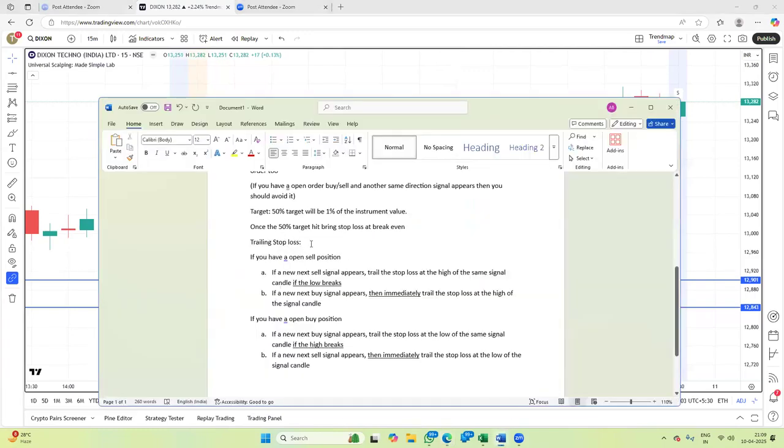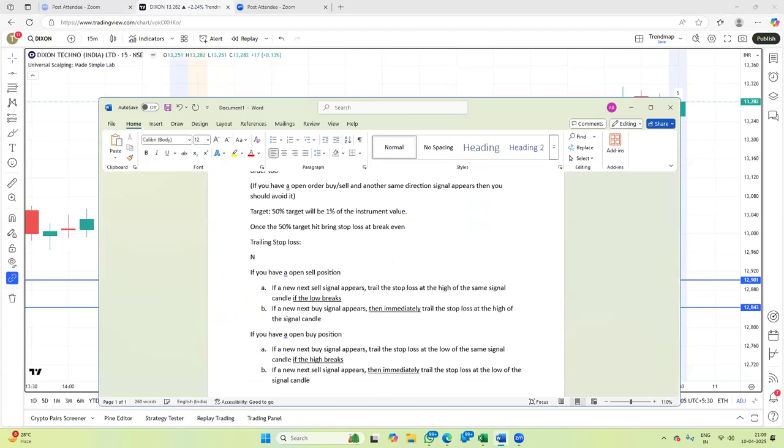So for the trailing stop loss, we must have a note here that the trailing stop never activates unless you have exited the first 50% of positions.